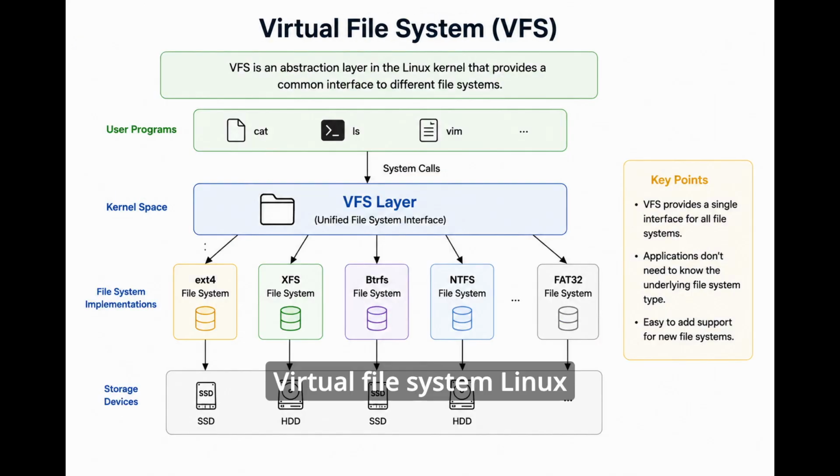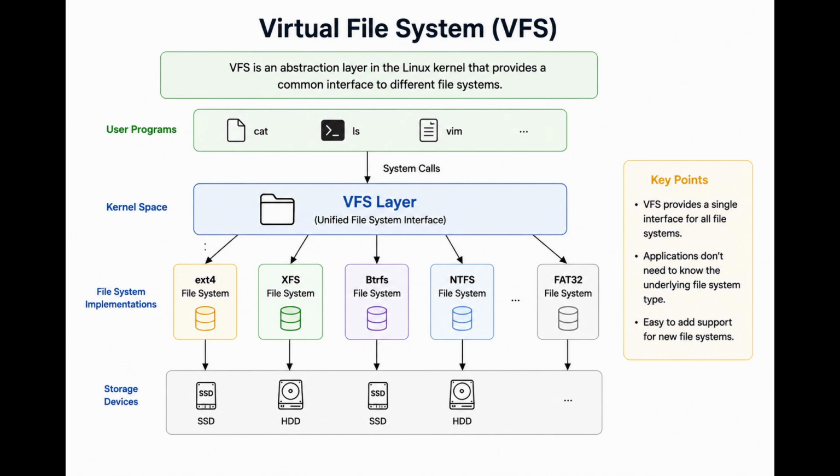6. Virtual file system. Linux treats many things as files. Regular files, directories, devices, sockets, pipes. All of them can appear as file-like objects. Linux supports many file systems: Ext4, XFS, BTRFS, FAT32, NTFS.